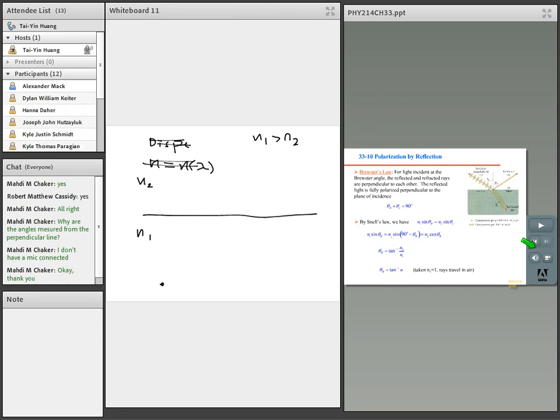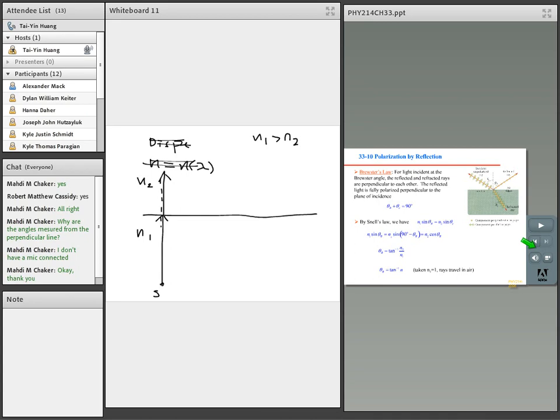Let's look at the simplest one. If we have a light ray coming from the light source that is directly perpendicular incident on this interface, I'm going to draw a line to indicate the normal. When a light ray is incident perpendicular on the interface, it does not deviate.